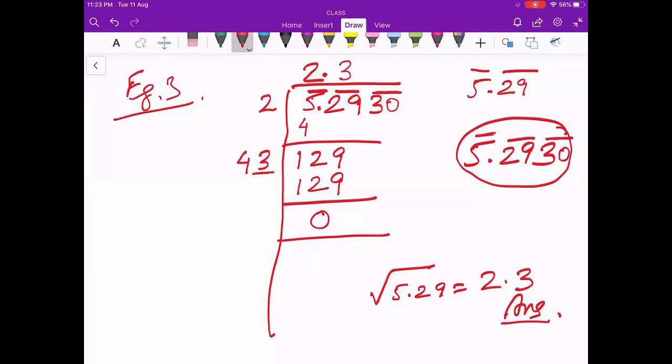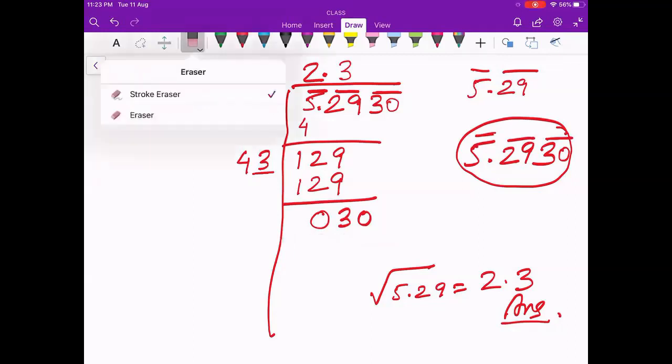Then how would we have proceeded further? The initial steps would have remained same, but here 30 would have come down. Now let's rub this thing. How would we have proceeded further? Now here we would write the double of 23, that is 46.